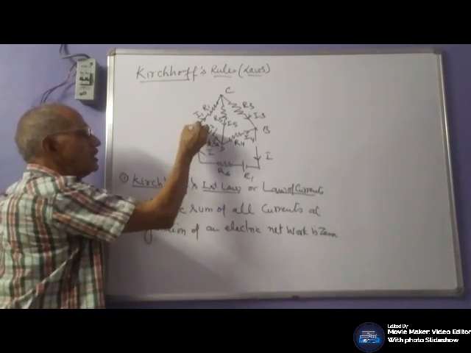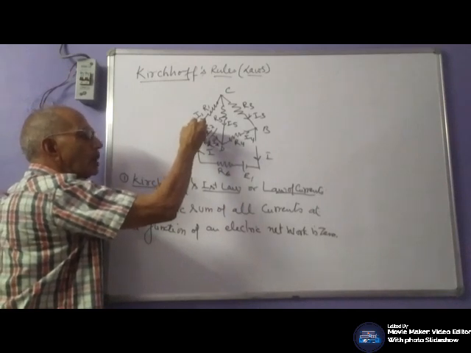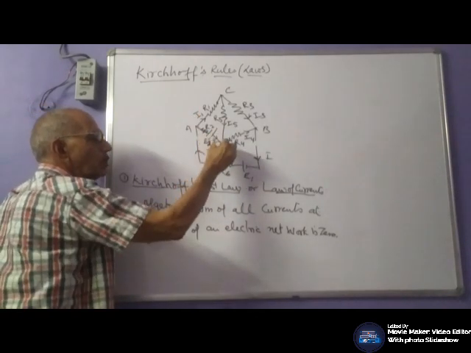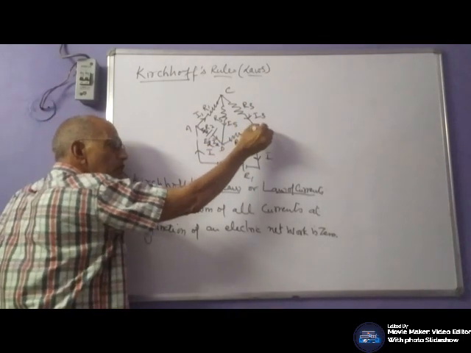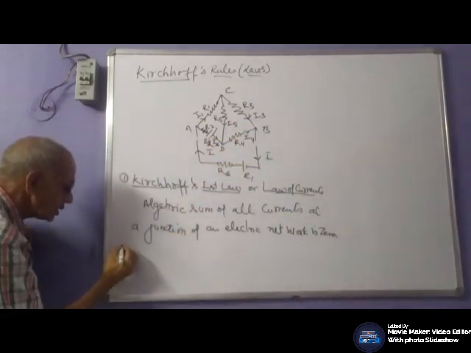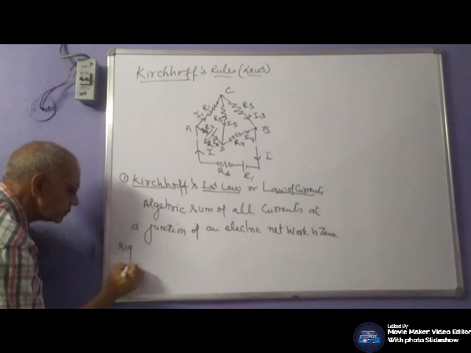Sum of all currents at this junction is 0. Sign convention.